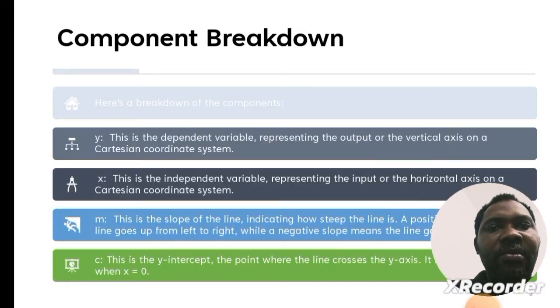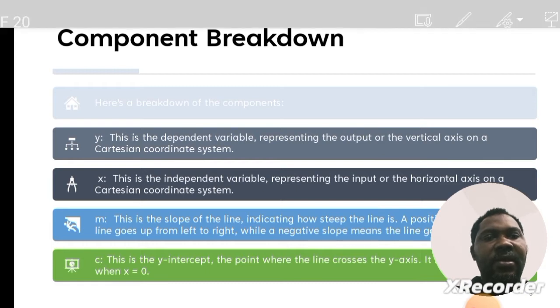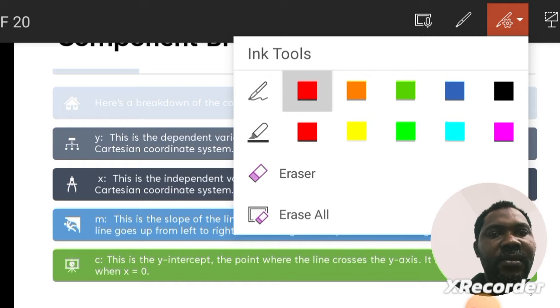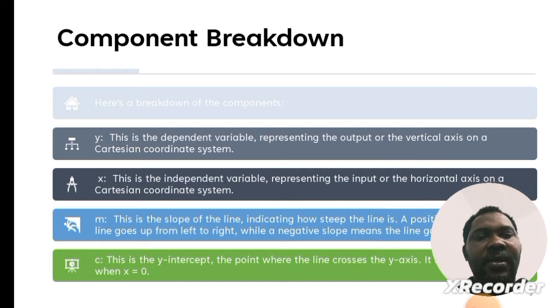Now the component breakdown. y is called the dependent variable, representing the output or the vertical axis on a Cartesian coordinate system.